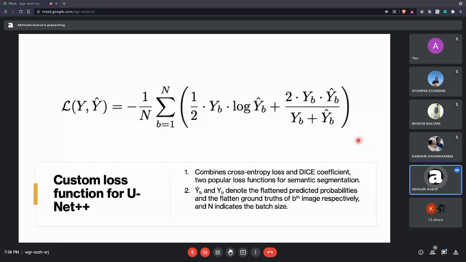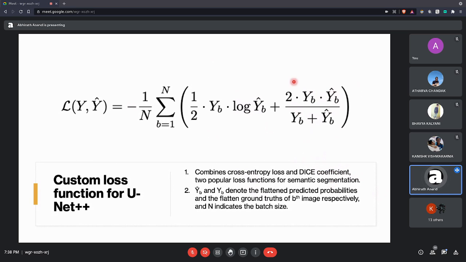We'll talk about this. This is a custom loss function that the authors have designed. This combines cross entropy loss, so you can see that there are some terms, the log term, and it combines something called a dice coefficient. We'll go into dice soon enough. It's also called F1 score sometimes.